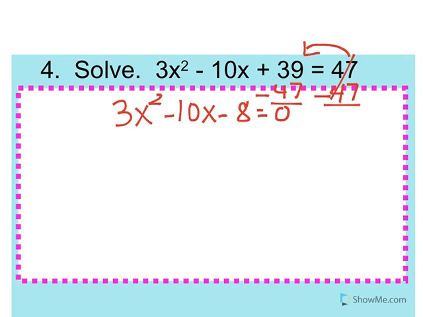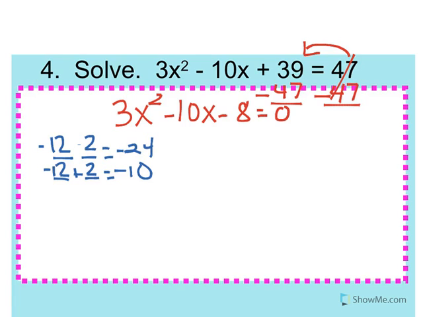So now, whether you're a factor by grouping or a box person, let's go ahead and factor this. I'm going to go with factor by grouping this time just to be different. I need two numbers that multiply to negative 24 that will also add to negative 10. 6 and 4 sound good, but there's no way to get that to multiply to a negative 24. I'm going to go with negative 12 and positive 2.